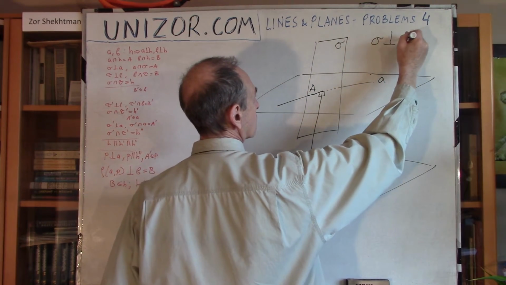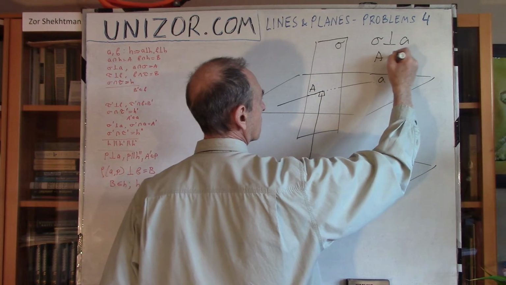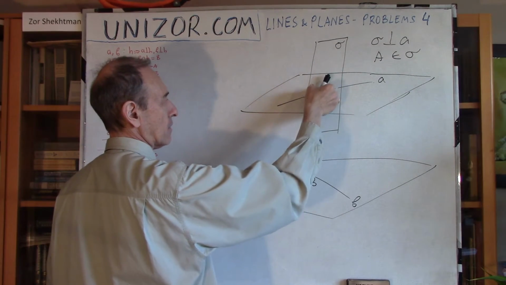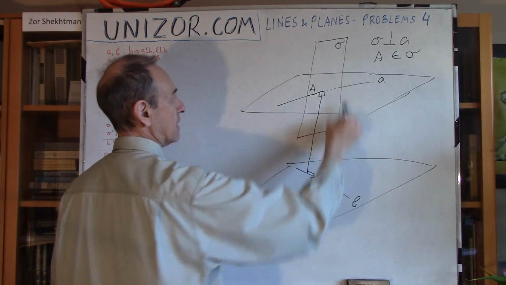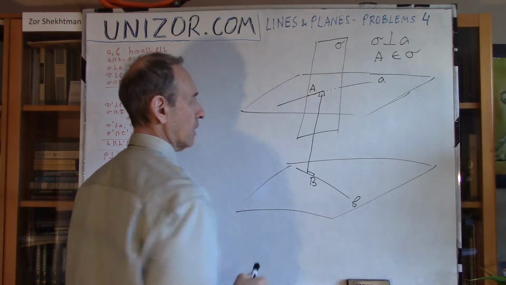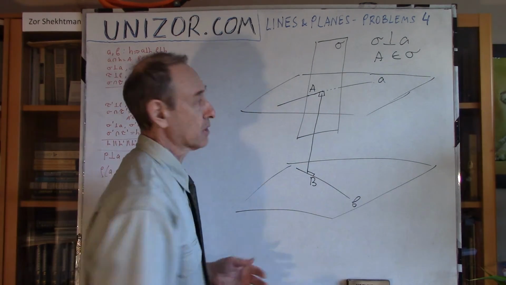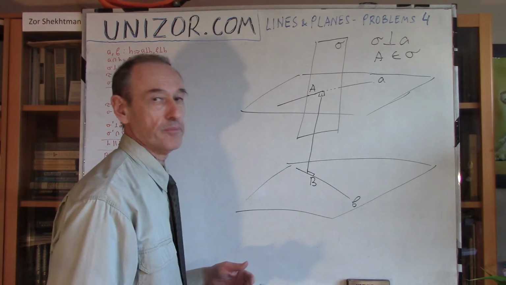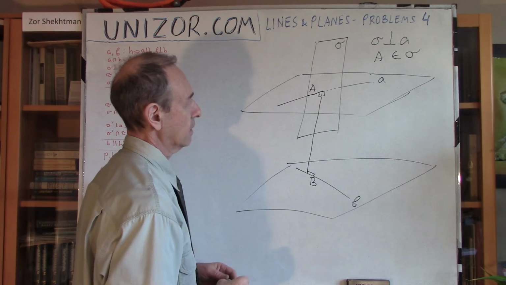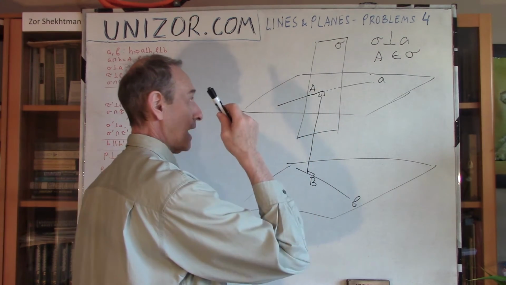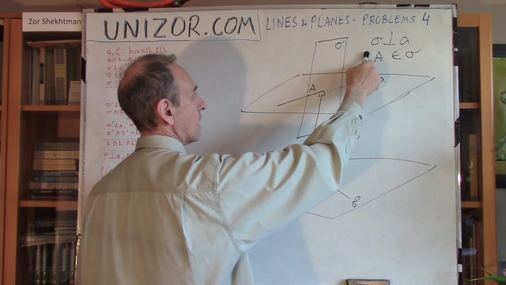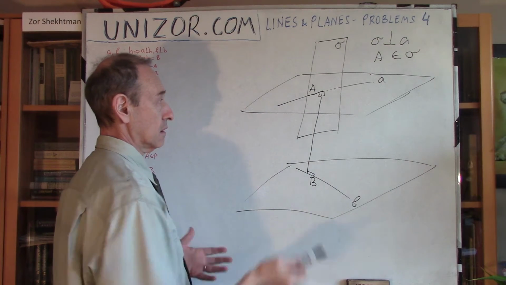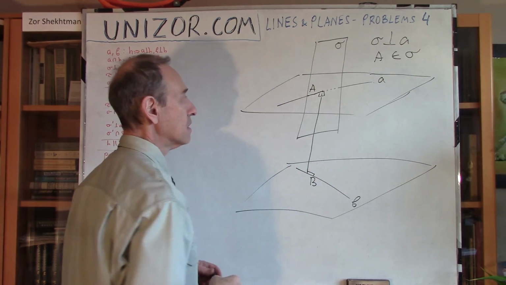Sigma is perpendicular to A at point A. Now, any line through point A within plane sigma would be perpendicular to A, because if A is perpendicular to an entire plane, it's perpendicular to any line crossing the point A. So if any perpendicular to A should be in that particular plane, then this perpendicular also must be in that plane.